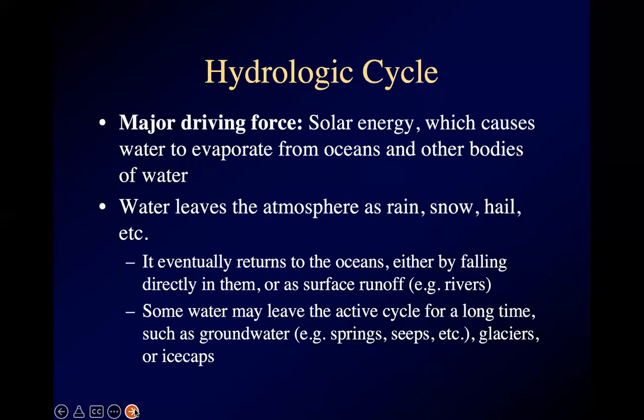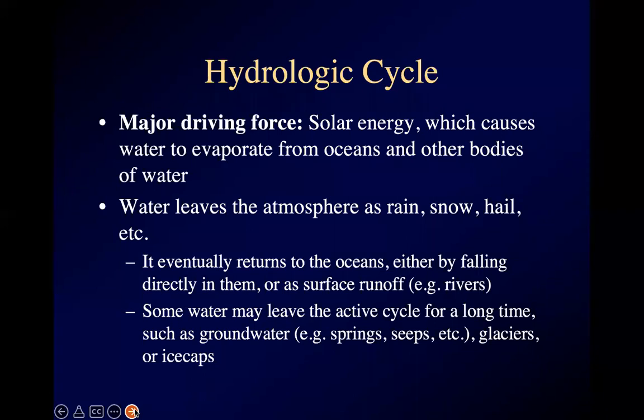And some water may step out of the active cycle for a long time. Some water soaks into the ground and ultimately ends up deep below the ground in the form of groundwater. Groundwater is what you're tapping into if you drill a well. Groundwater also naturally comes back to the surface in the form of springs, things like that.